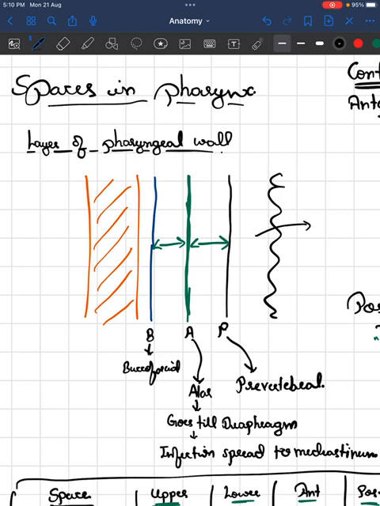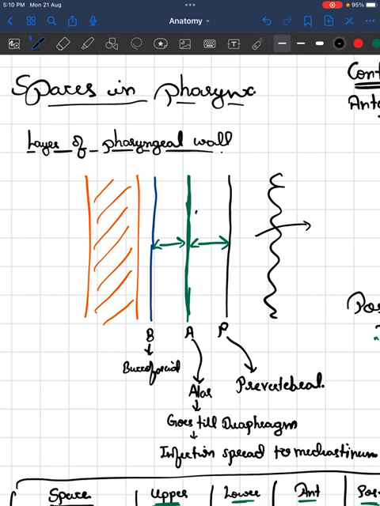There are three spaces mainly present over the layers of the pharyngeal wall. First, the retropharyngeal space, present between the buccopharyngeal and alar layers.